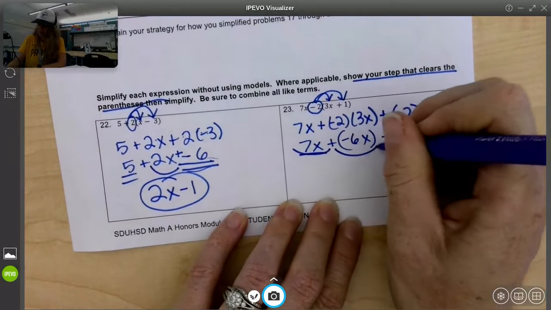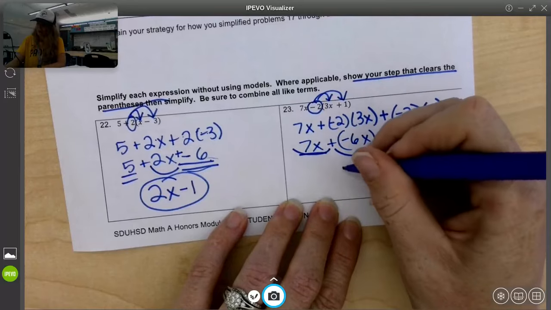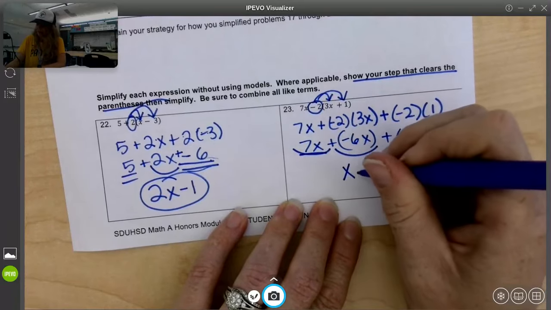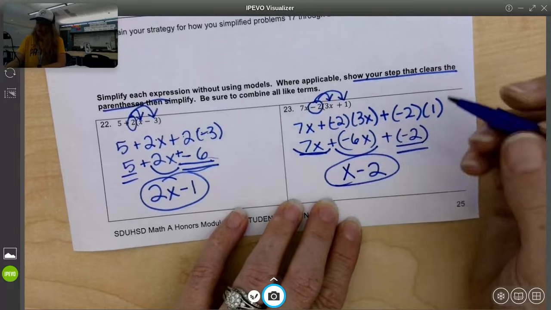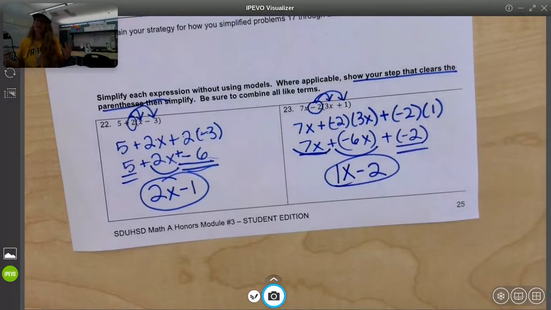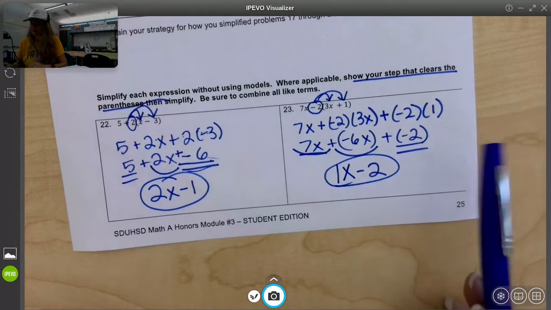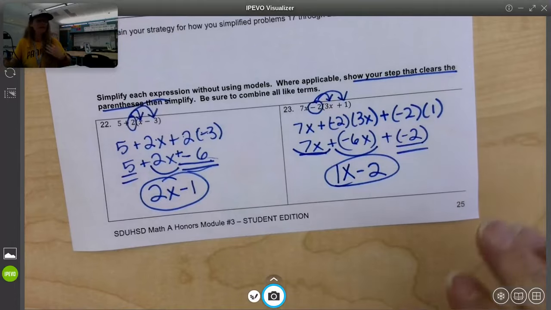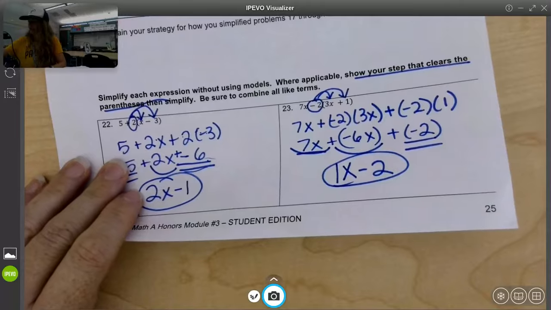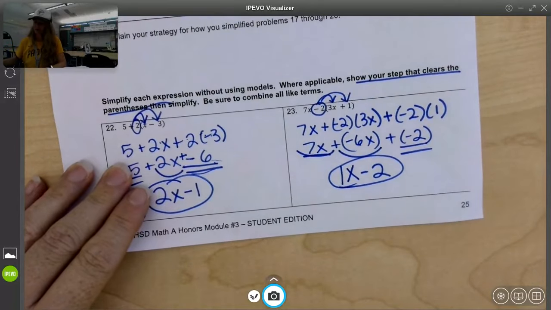I have a 7x and a -6x, which is going to get you a +1x, and then I just have that -2 at the end. If you want to write it as 1x, I mean, you can, but you don't need that 1 there. It's not completely simplified if you leave that there, because you can always multiply by 1. 1 times x is still going to get you x.